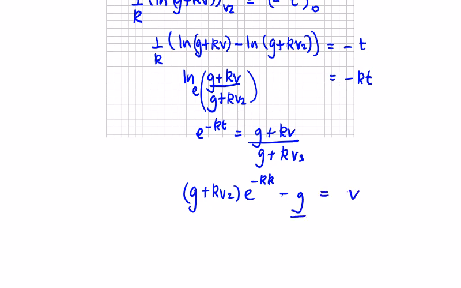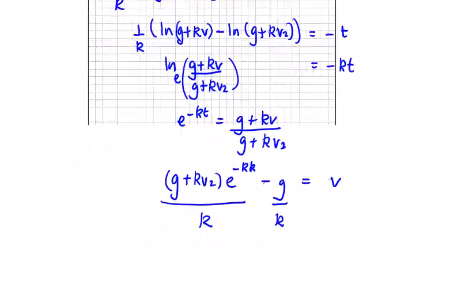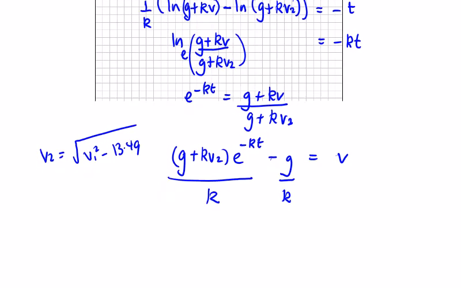So if I divide by k, I can get an expression for v, and I want it in terms of t, k and v1. I have it in terms of t, k, sorry, that's a k, t there. So I need to change v2. I have v2 in terms of v1. We got v2 was equal to the square root of v1 squared minus 13.4g earlier. So I'm just subbing that in here.